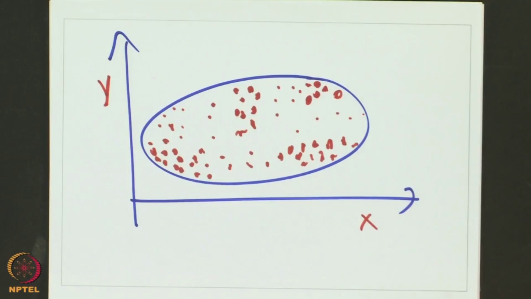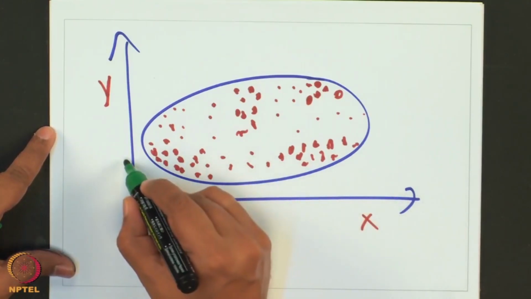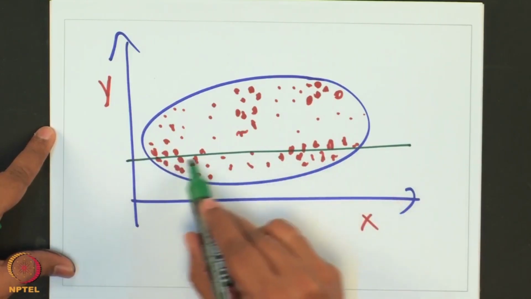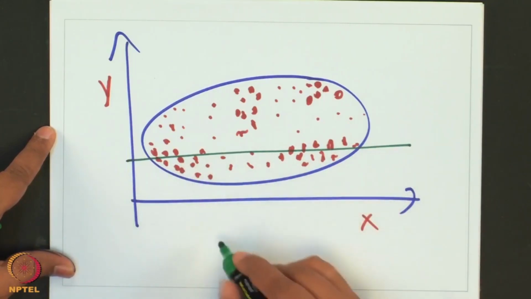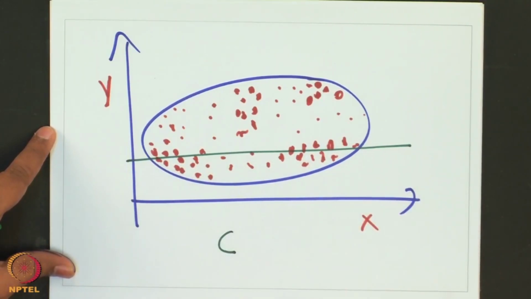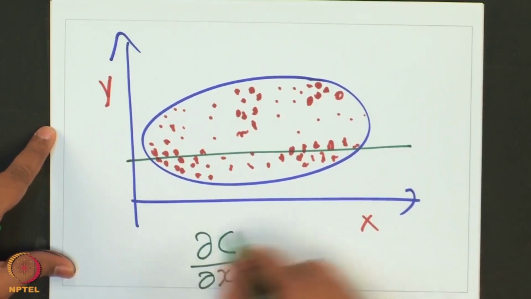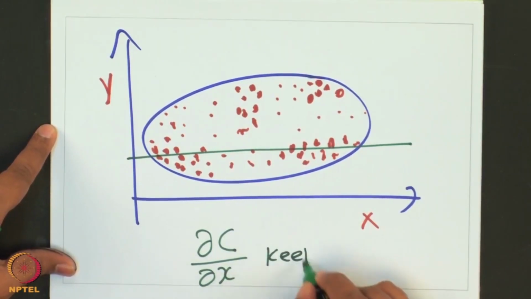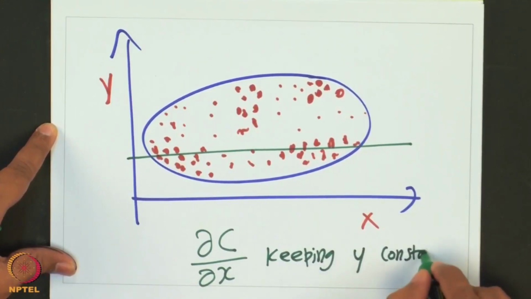Very often we would want to take just one particular value of y, and I want to see how the concentration changes. It first decreases, then increases. So I want to know how this concentration C changes with respect to x, keeping y constant. So I want to do del C by del x, keeping y constant.